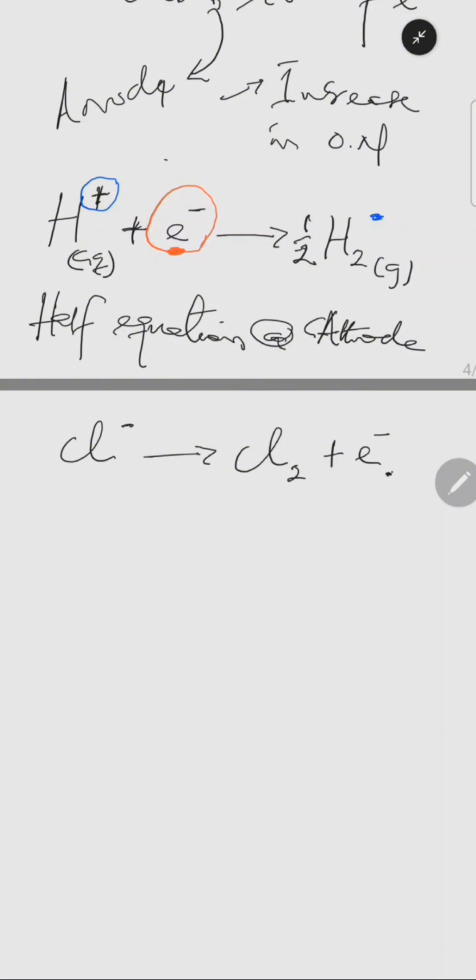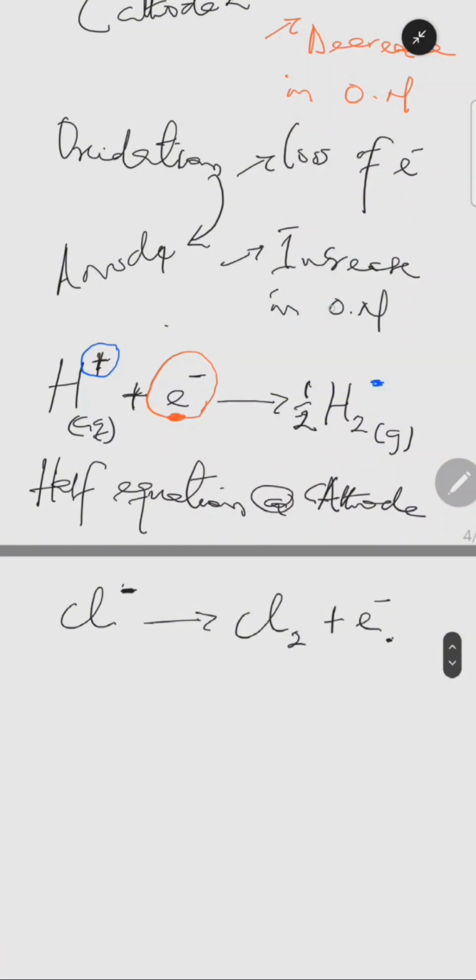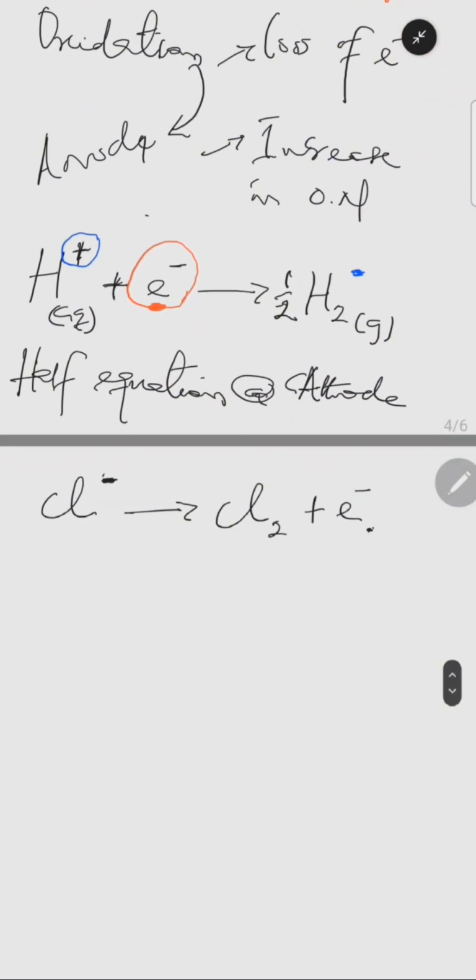If you check very well, you will discover that chlorine is going from -1, because it's Cl minus, to 0. From -1 to 0 is an increase. So it indicates the first definition, increase in oxidation number, then loss of electron because we have electron at the product side.